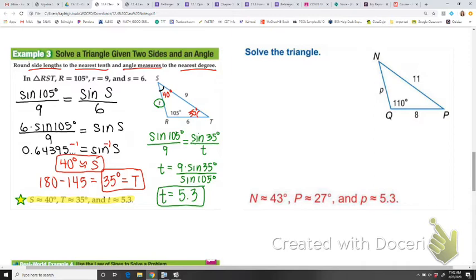Because I didn't know that that was 40. That's what I drew in later. But to solve this ratio, cross multiply. 6 times sine of 105 over 9 equals sine of S. Now here's where it's a little bit different. When you take 6 times the sine of 105 over 9, it's going to give you a decimal.